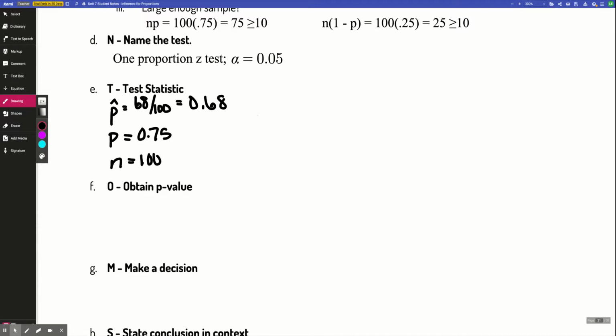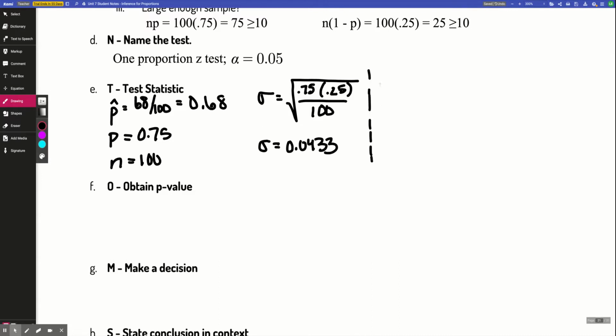And then I'm going to calculate my standard deviation, which is the square root of 0.75 times (1 minus 0.75), which is 0.25, divided by n, which is 100. So my standard deviation is 0.0433.